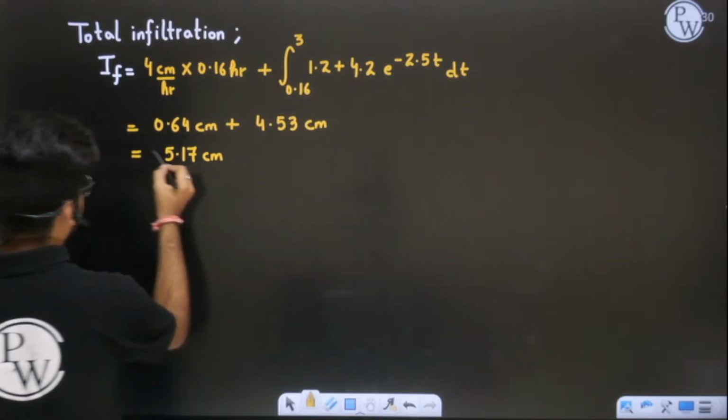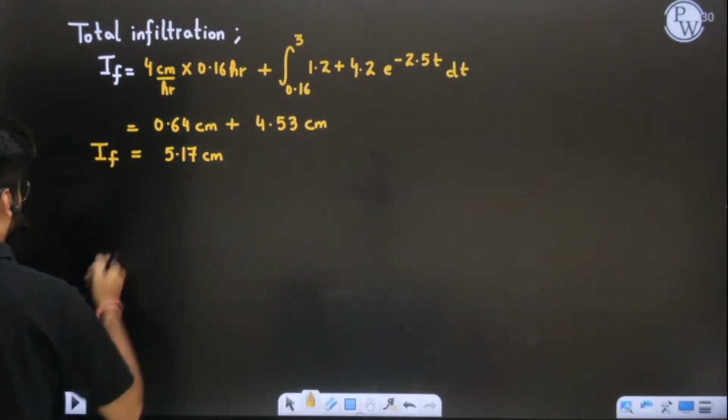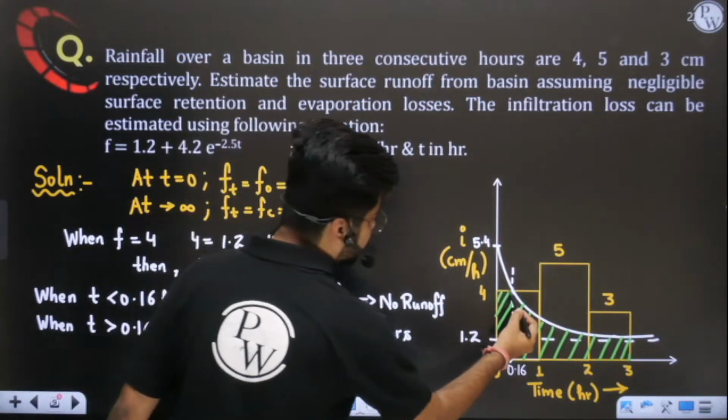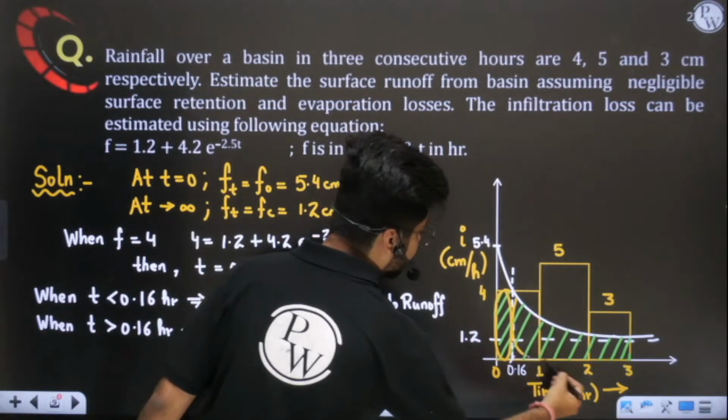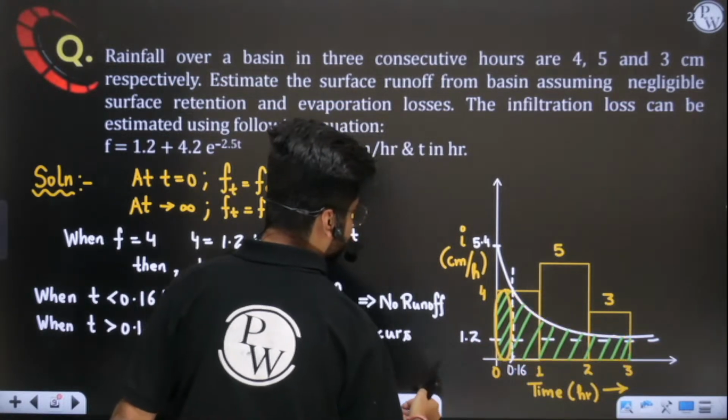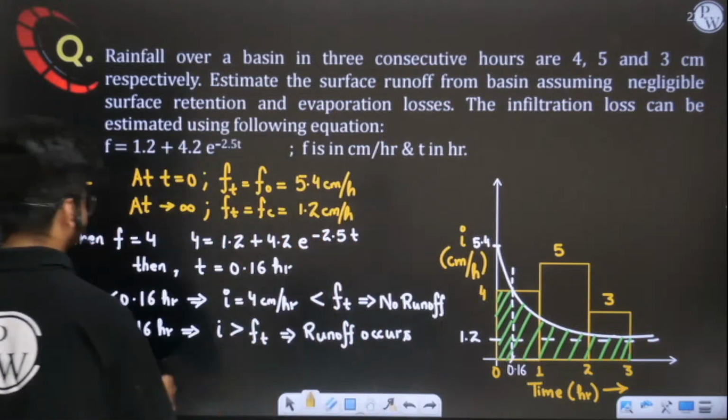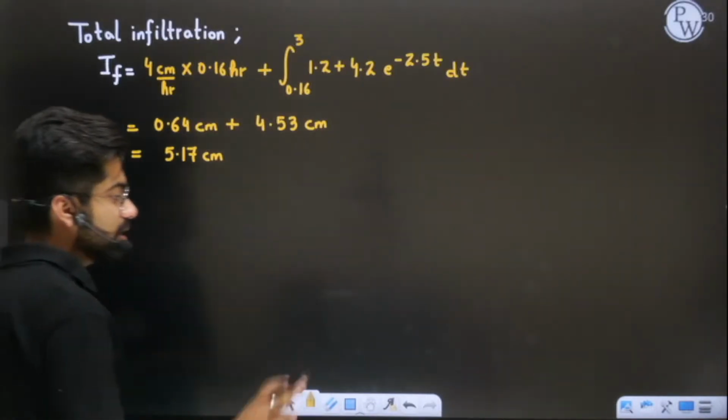The total infiltration is 5.17. So this area is 0.64 and this area is 4 point something. The total green shaded area is 5.17. Okay, I hope this is clear.